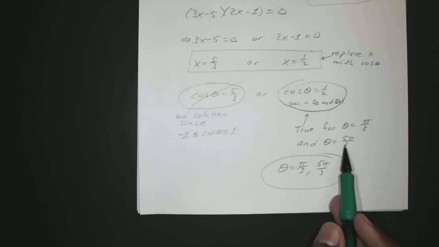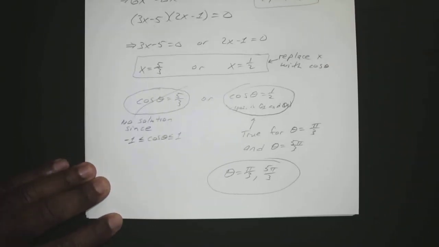Okay. And remember, to get your 5 pi over 3, you're just using your reference angle from quadrant 4. All right, so any questions on that one? Leave that up for a few seconds.